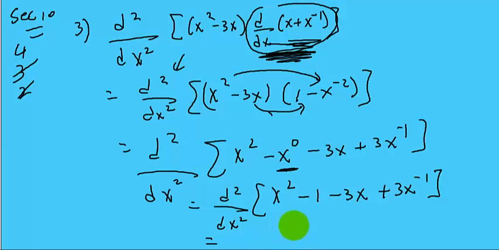You can do this in your head, or you can show each step. So what do you want me to do? Show each step? Okay, fine. But if I show each step, then you better show each step on the test too. So don't go around skipping steps on me. Okay, so this is d over dx.